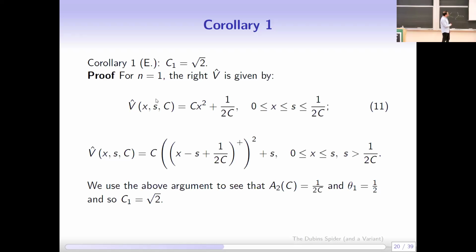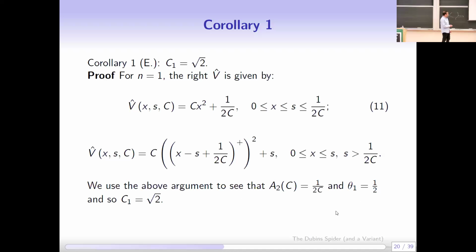So for n equals 1, you guess the function v hat of this form. And you can show that when x and s are between 1 over 2c, that all the properties a to f are satisfied. And when x is between s and s is 1 over 2c, this function satisfies indeed all the properties a to f.